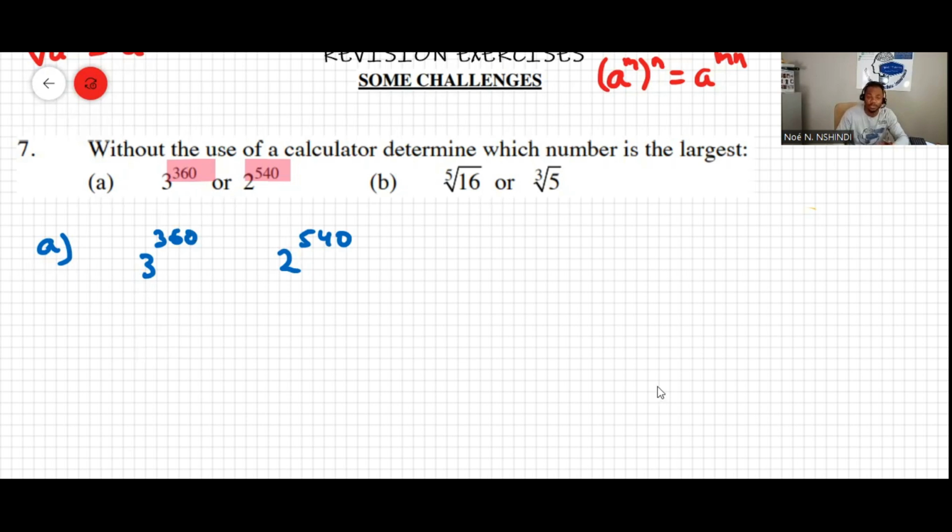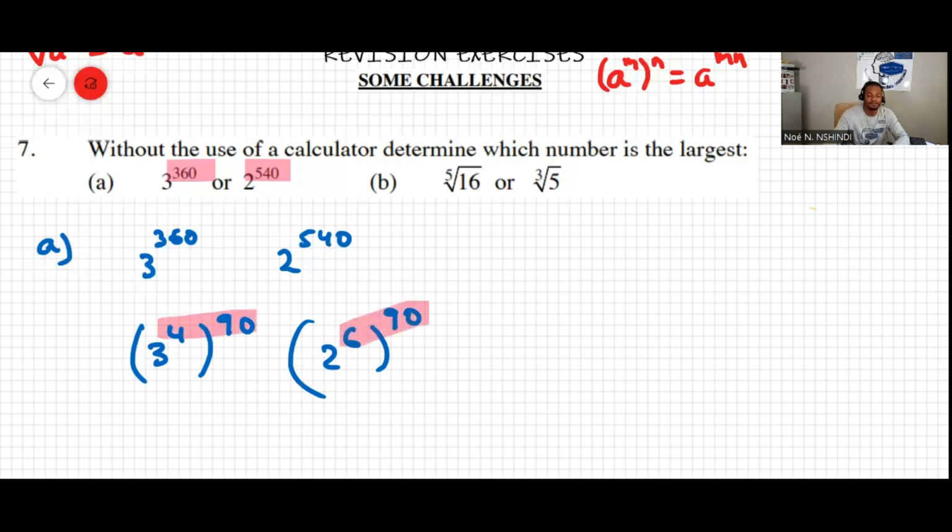It mustn't be just the highest common factor. I can say 9 because 9 gets into 36 and into 54. Or even 90, because you have 0 there. So one of the highest common factors is 90. I would like the exponent 90 to be outside, so I can write 3 to the power of 4, to the power of 90. And then it's going to be 2 to the power of 6, to the power of 90. Note that all this makes 360, that makes 540, the product.